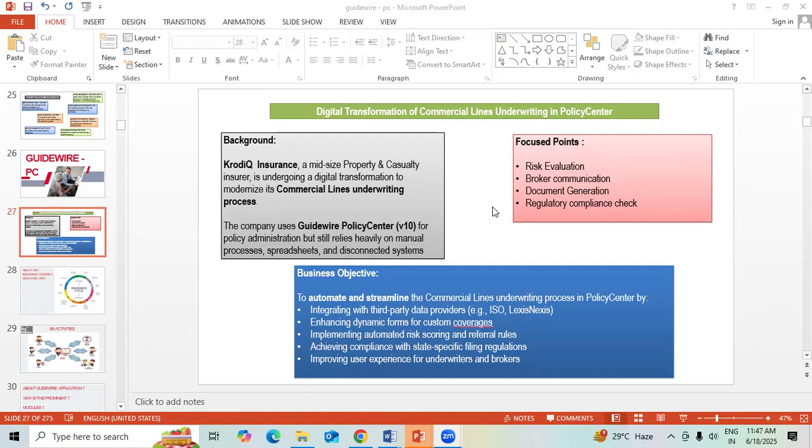This is all part of project-based learning. Project-based, case study-based learning is something you will do as part of the learning process as a business analyst in Guidewire PolicyCenter. This part will be discussed in the project-based learning when we conduct it. There you will learn in more detail how this can be implemented, what key challenges, what possible outcomes we are expecting, followed by what the project deliverables must be. Everything will be discussed there.